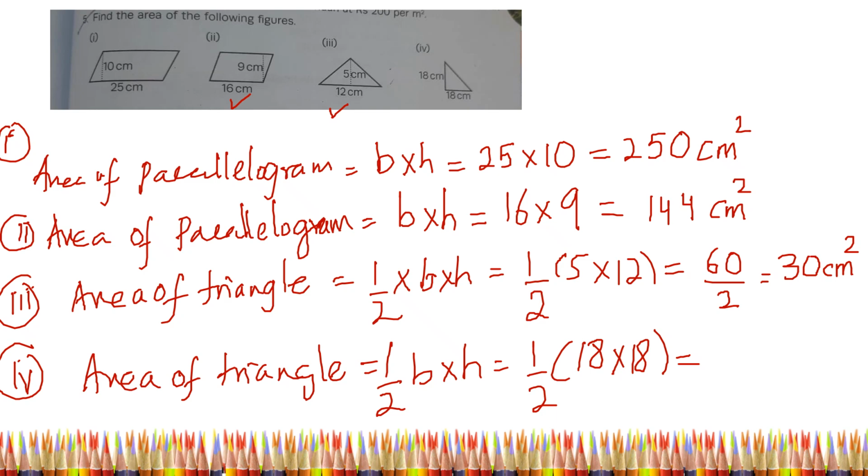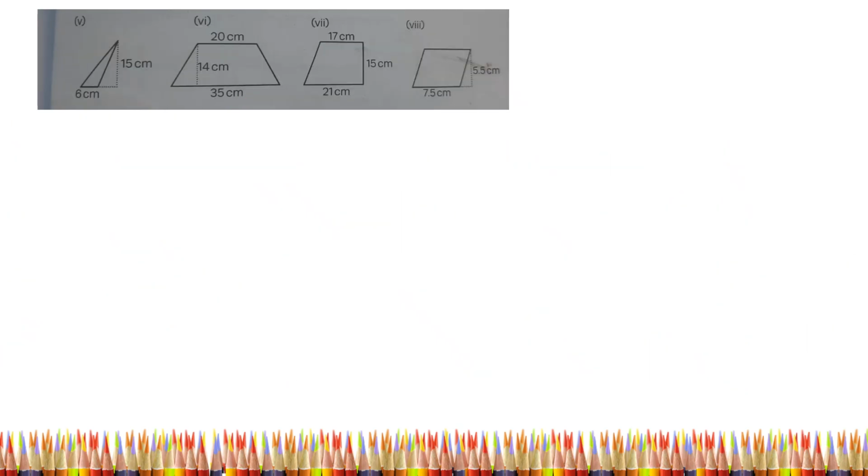Let's do 18 multiplied by 18 so that we get the answer for this question. Now 18 multiplied by 18 is 324. 324 divided by 2 is 162 centimeter square, right?